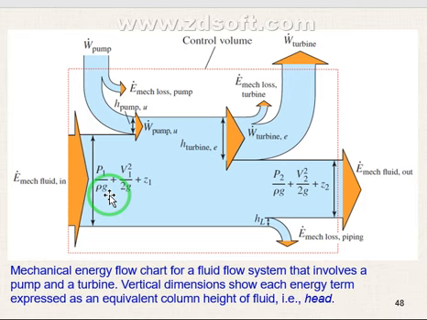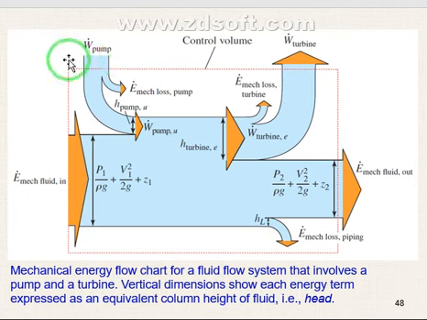In the Bernoulli equation we were assuming that we have only this term and it stays the same all the time: P1 over rho g plus V1 squared over 2g plus Z1. We were assuming this term to have the same value at points 2, 3, 4, but now no, we have losses.